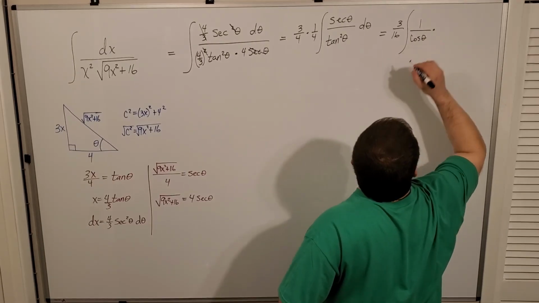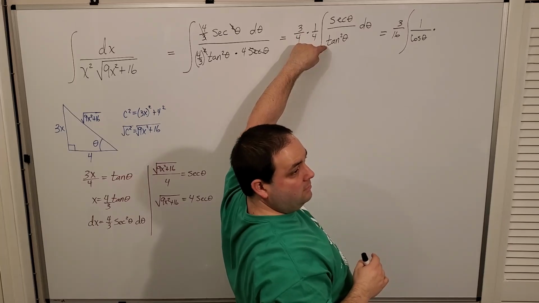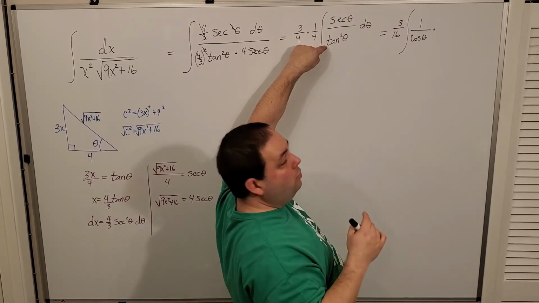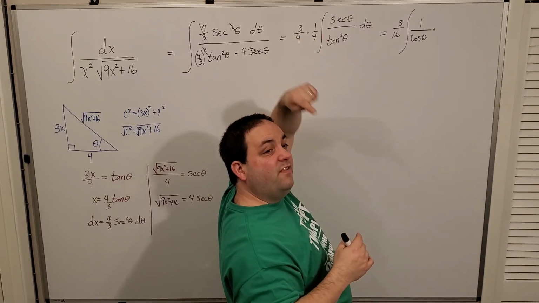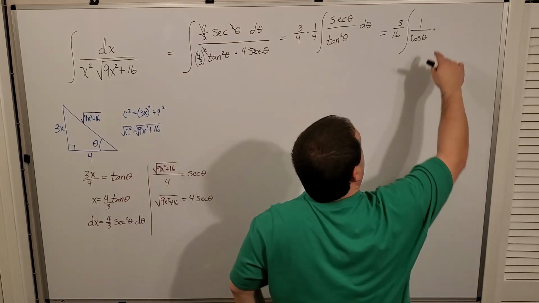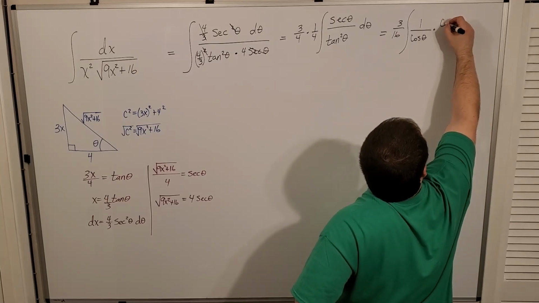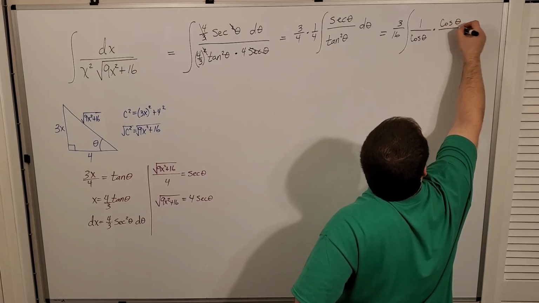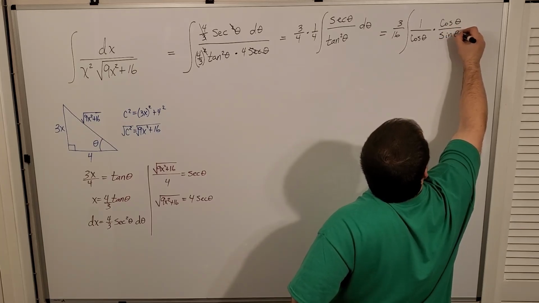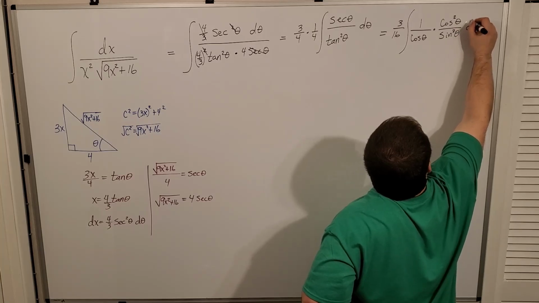And then I'm going to do times, now be careful, I'm dividing by tangent. And remember, tangent is sine over cosine. But since I'm dividing by a fraction, I'm going to flip it. So tangent is sine over cosine. If I flip it, it'll be cosine over sine. And notice it's squared. So both of these should be squared, d theta.